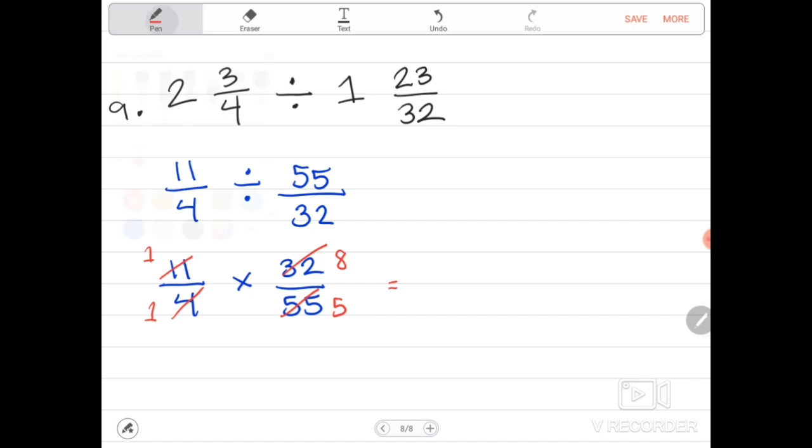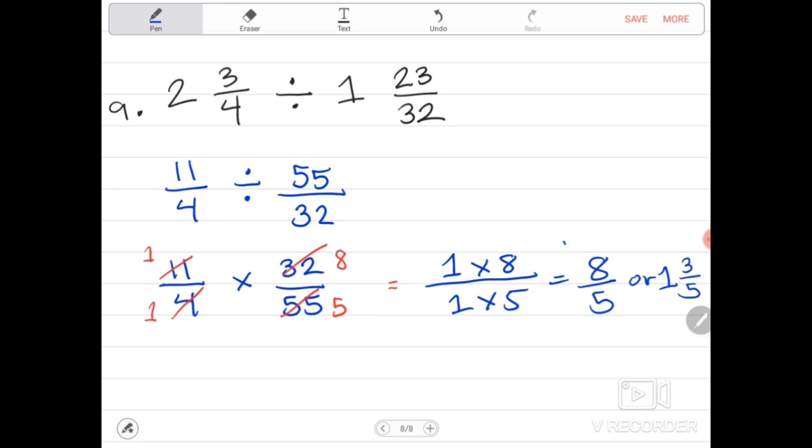Okay? So for our numerator, the remaining will be 1 times 8. For the denominator, we have 1 times 5. So the final answer will be 8 over 5 or 1 and 3/5. This will be our final answer.